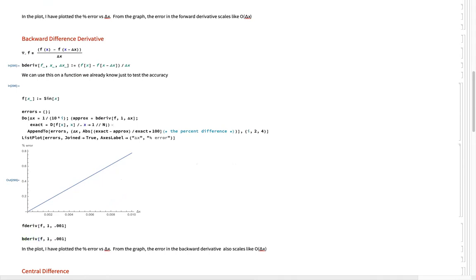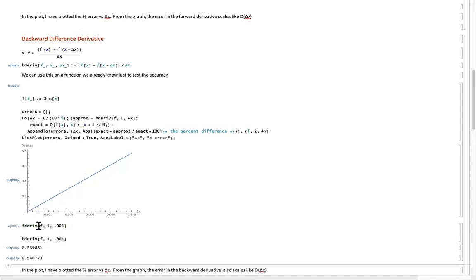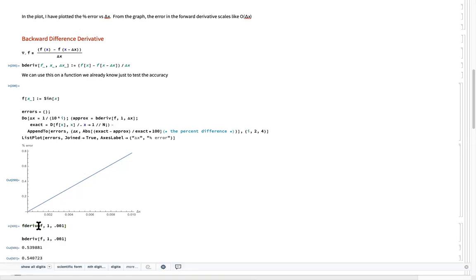Now, the function we're studying is sine of x. It's not a linear function. So there's no reason that these should be exactly the same, but we expect that their difference is quite small. Yeah, the difference is very small.